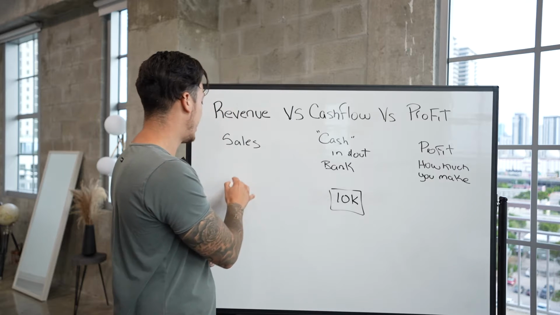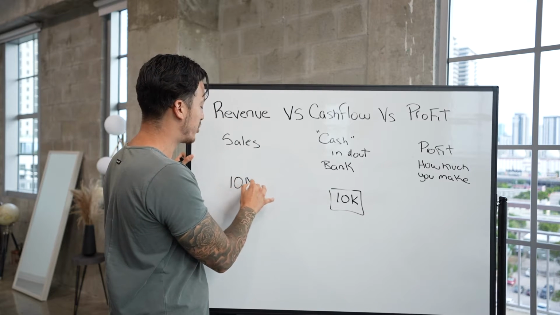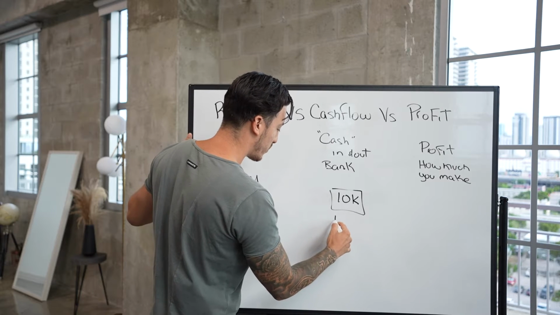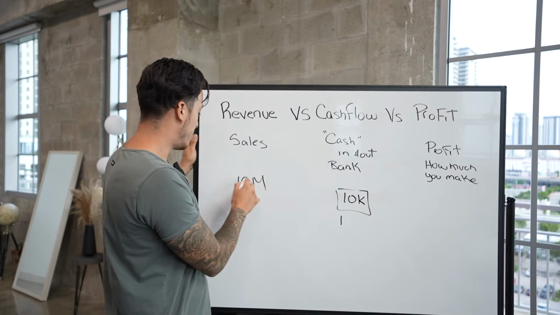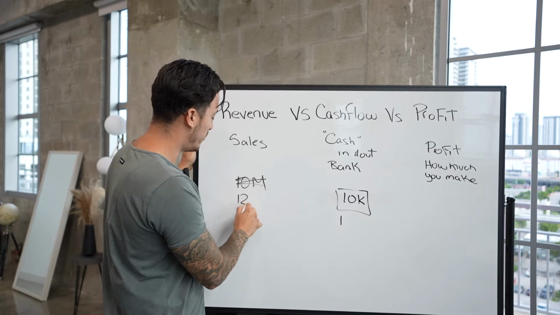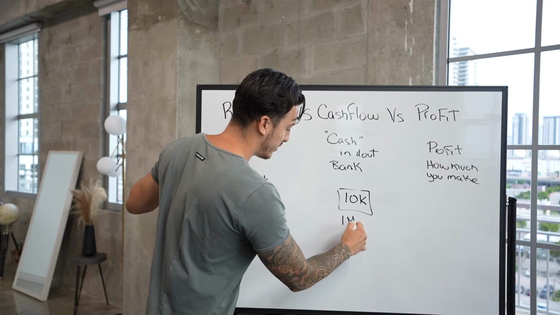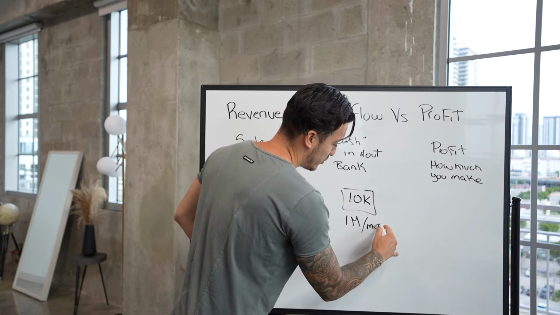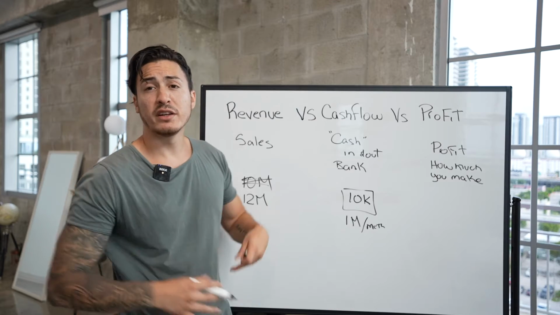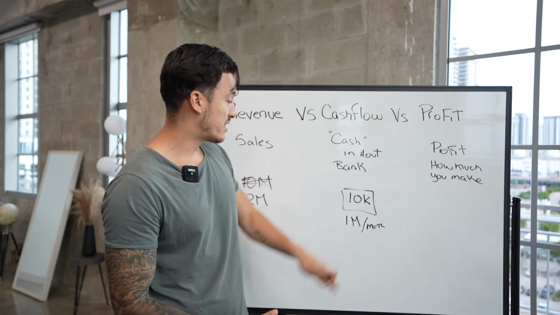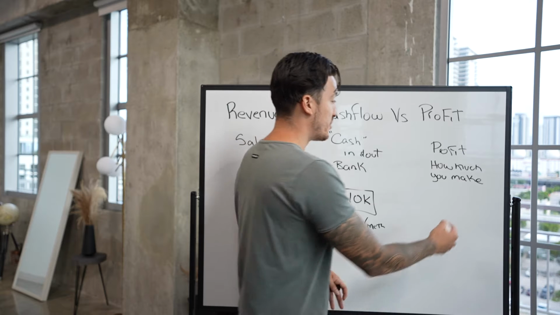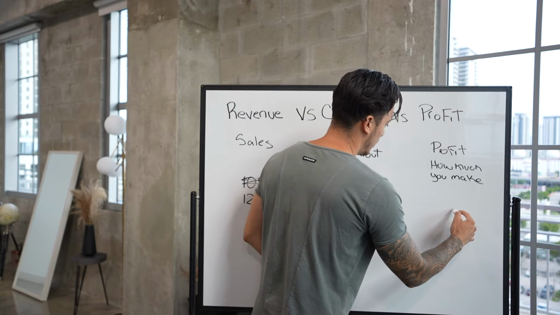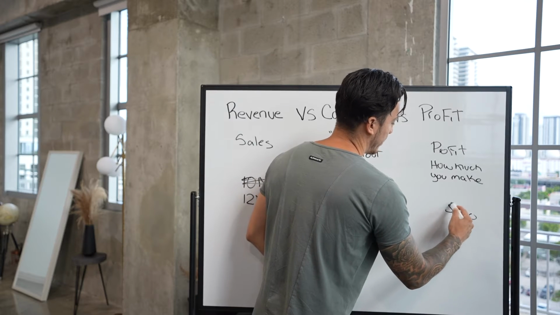Let's say you're selling $10 million, and that looks great. That looks amazing. You're cash flowing, let's just make this an even number. Let's say you're selling $12 million, and you're cash flowing, this is in a perfect world, $1 million per month. So this is great, right? You're making $12 million, sounds amazing. You're cash flowing $1 million, but your net profit is $1,000 a month.